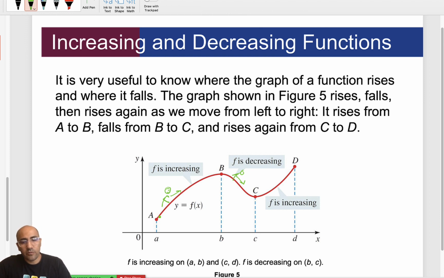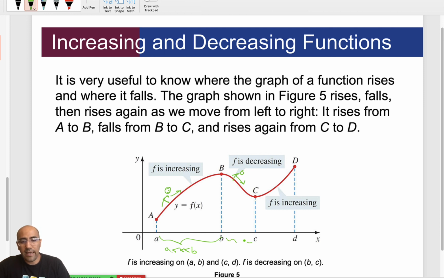Okay, so from a picture, we can easily tell when he's going up, he's increasing, decreasing, right? And so we can tell the sections of the domain where the function is increasing. F of x is increasing between a and b, right? So this is for x between a and b. The function is increasing.